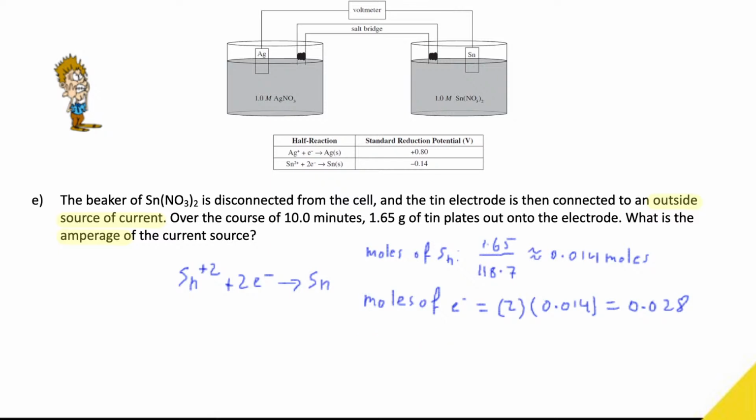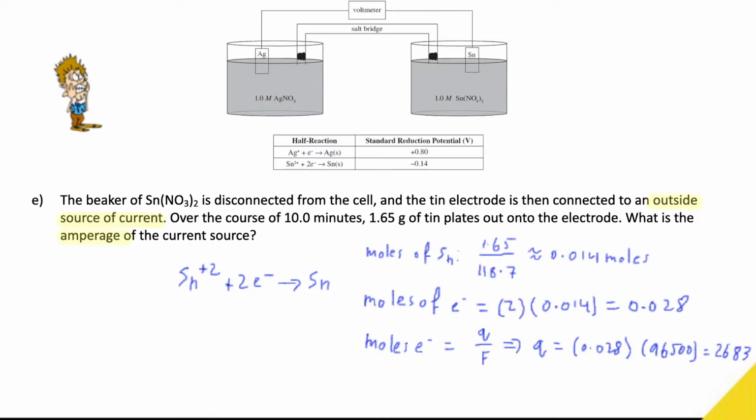To go from moles of electrons to charge, moles of electrons equals charge over Faraday's constant, which means my charge is equal to 0.028 times Faraday's constant, 96500, which gives me 2683 coulombs.